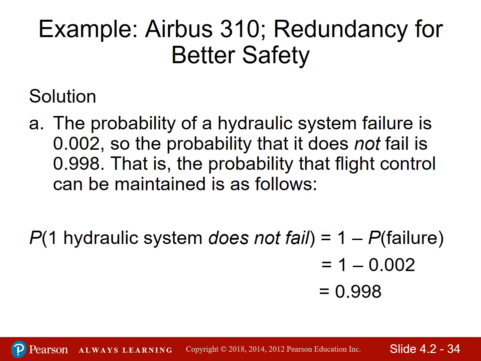For one system, the probability of hydraulic system failure is 0.02. So the probability that it does not fail is 0.98. You just do 1 minus 0.02.